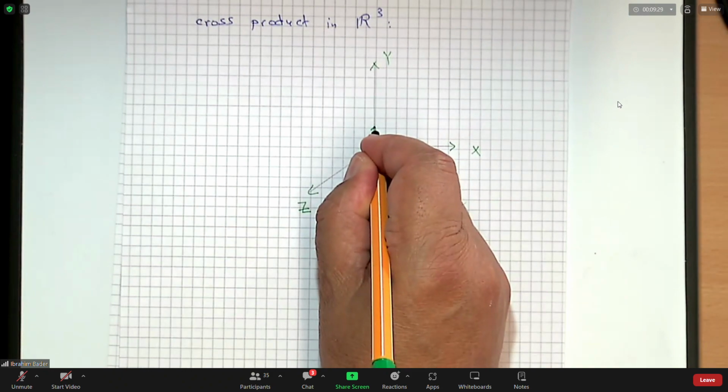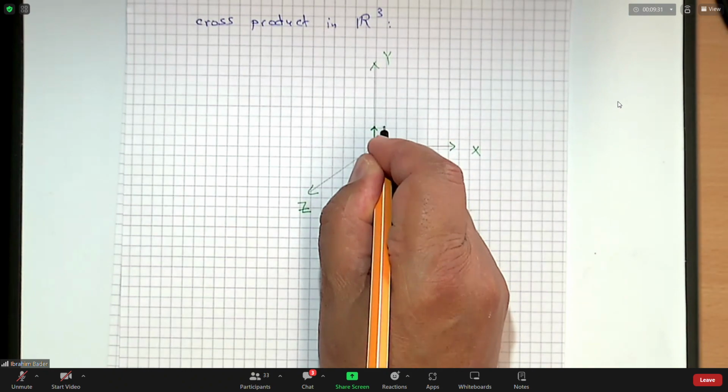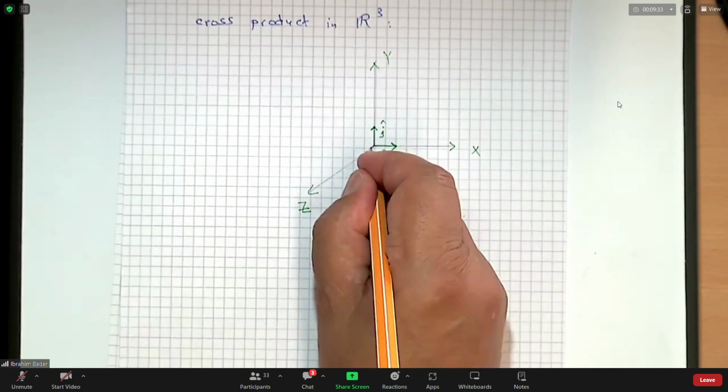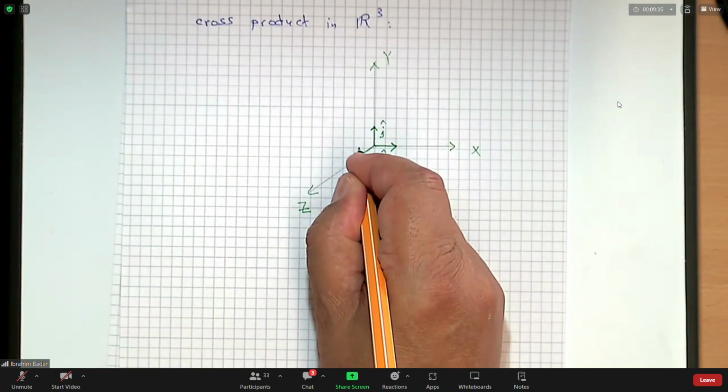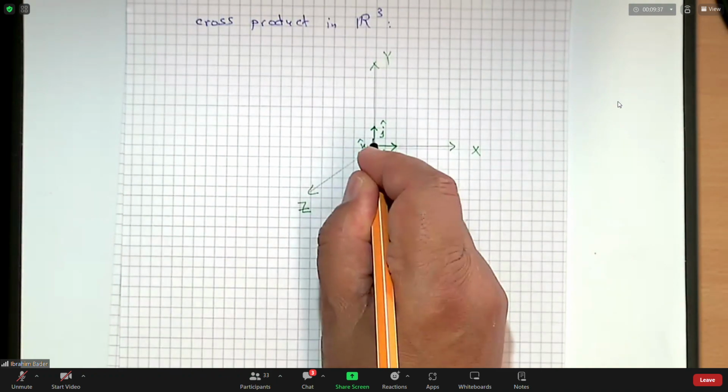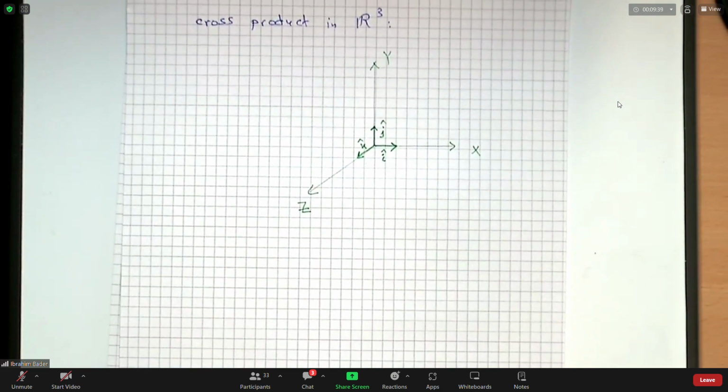Later we will just write this as J and this as K. I told you in the previous lecture that in some literature we refer to this as E sub x. This means the unit vector in the x direction. This means the unit vector in the y direction. This means the unit vector in the z direction.